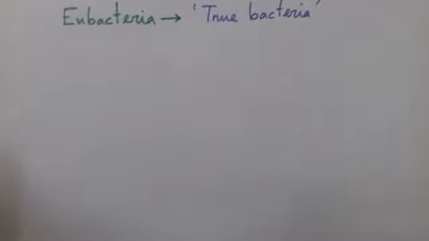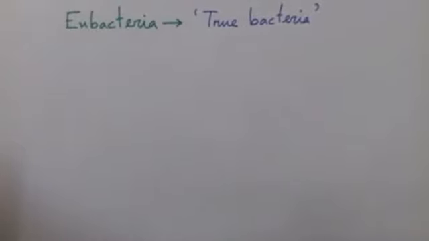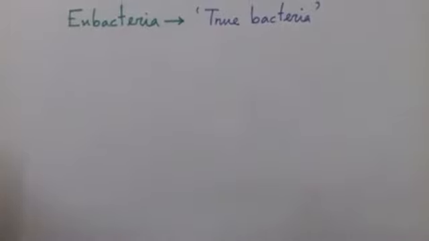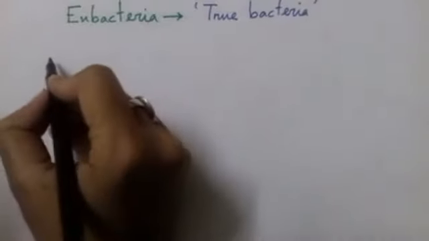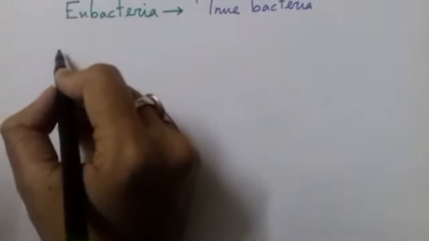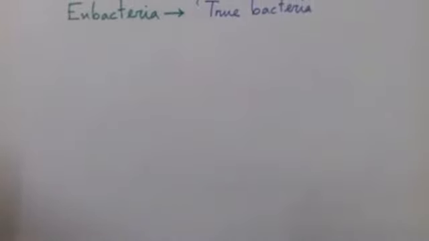Now the Eubacteria, which are known as true bacteria, have a cell wall and flagellum if they are motile. Depending on the nutrition they are mainly autotrophic and heterotrophic, and under autotrophic they are both photosynthetic and chemosynthetic.